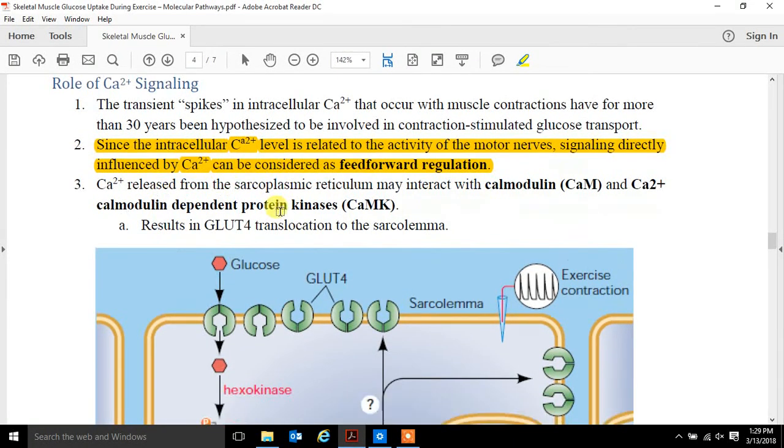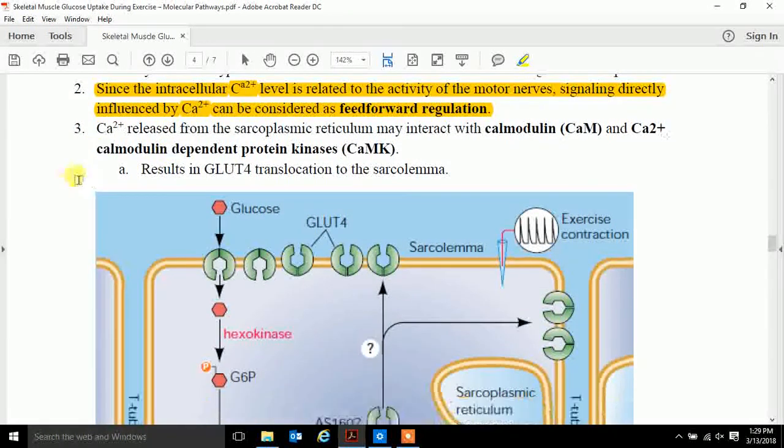Let's start working on these pathways. So calcium released from the sarcoplasmic reticulum interacts with calmodulin, giving us the calcium calmodulin-dependent protein kinase. We talked about that in one of the previous lectures. That's why I brought it up, because it's critical within exercise responses to glucose movement, and that results in GLUT4 translocation to the sarcolemma.